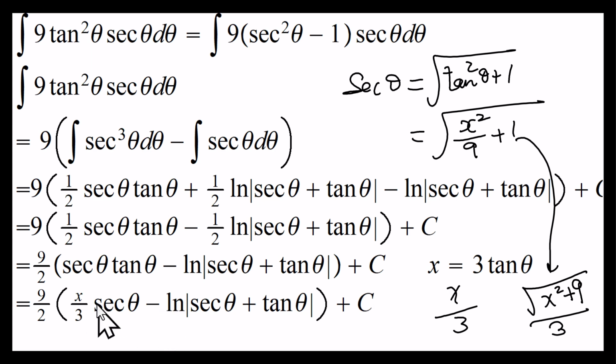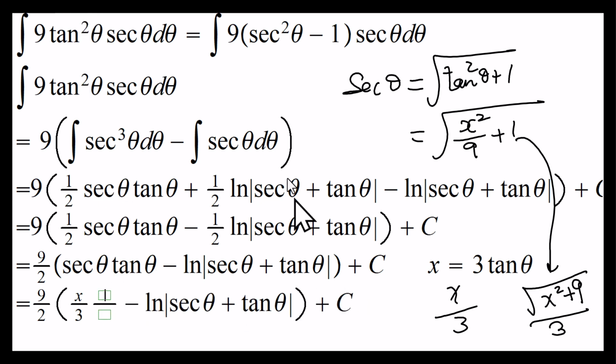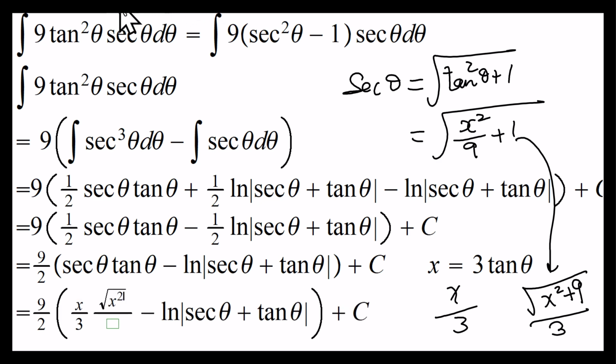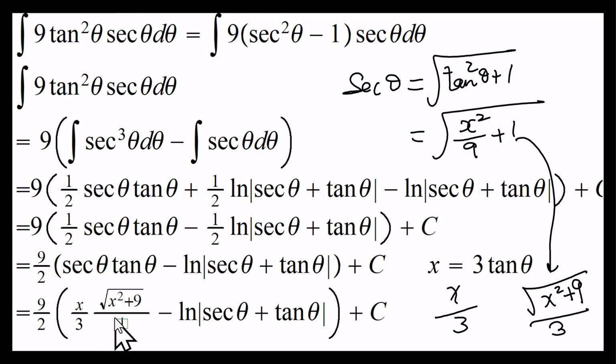So what we have now here is that we got square root of x square plus 9, divided by 3, and in here we have the same thing for secant theta, so I'll write it down.